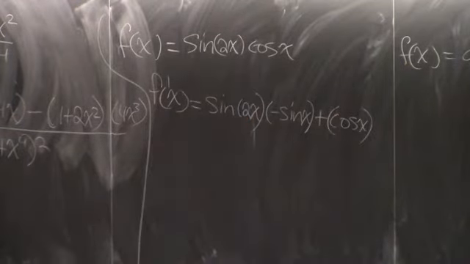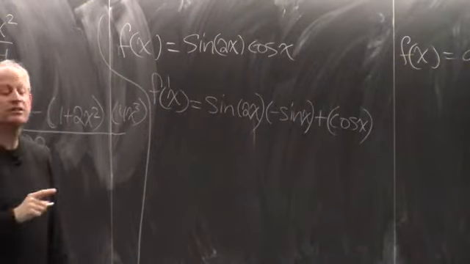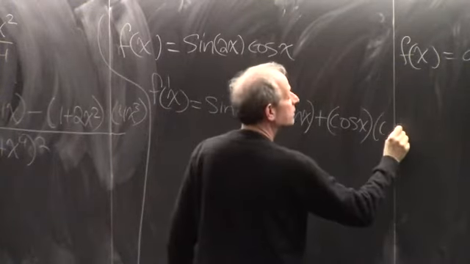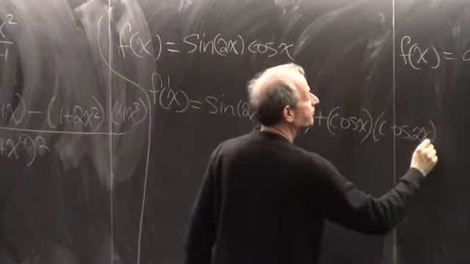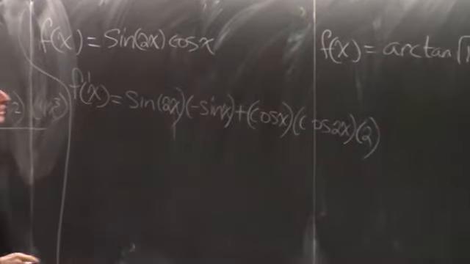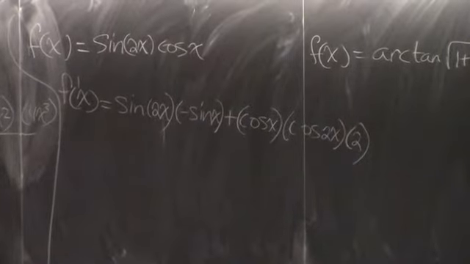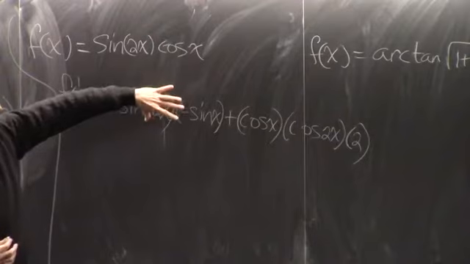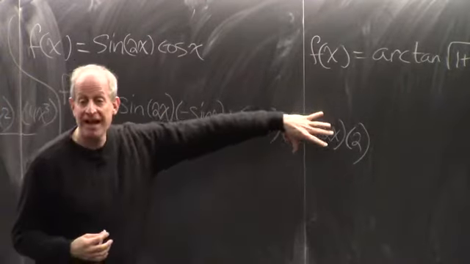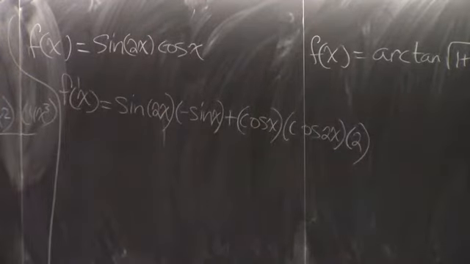What's the derivative of sine of 2x? Cosine 2x times 2, because we have a chain rule. And again, you're done. You don't have to do anything else with that. If we ask you to find the second derivative, you'd have to use the product rule on this and the product rule on that. That's kind of cruel, so we wouldn't do that.